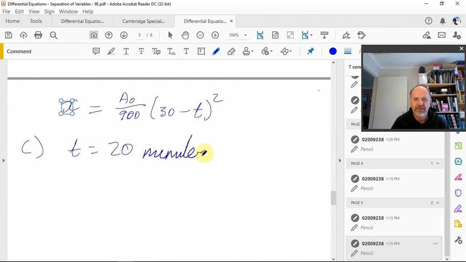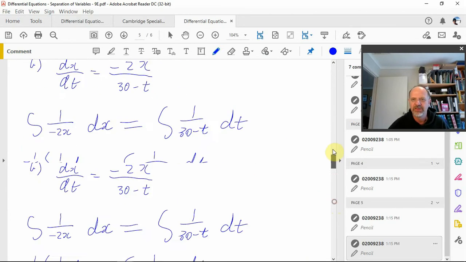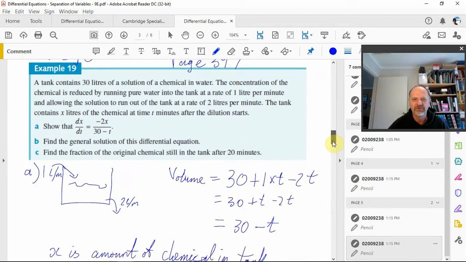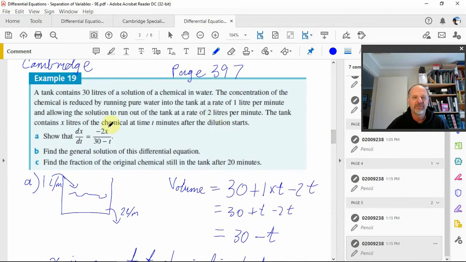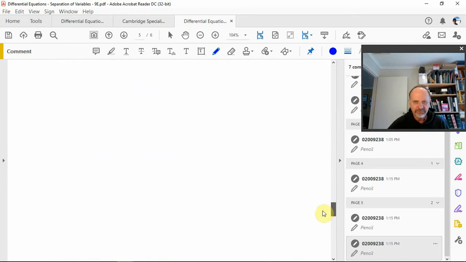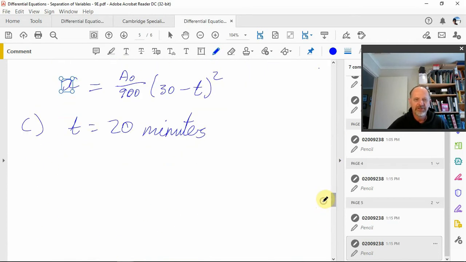Let me shoot back up the top and check again what time's measured in. Per minute, time in minutes. Okay, so I don't need to do anything with that. So how much have we got of our chemical after 20 minutes?